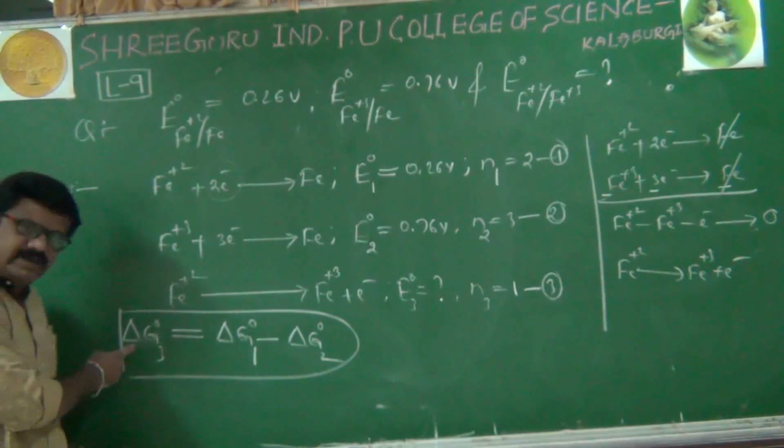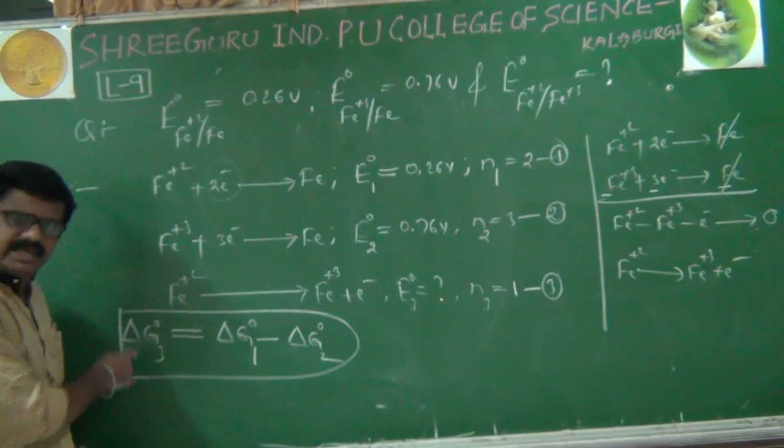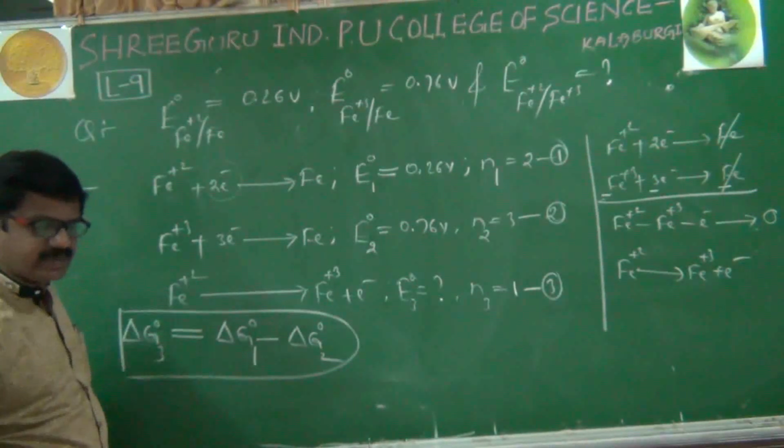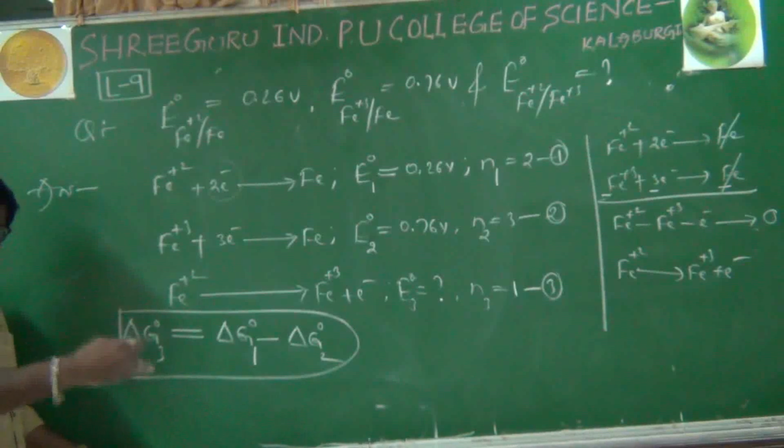Why? Because this formula includes the total charge nF, and the delta G formula is already known to you: delta G naught is minus nF E naught.